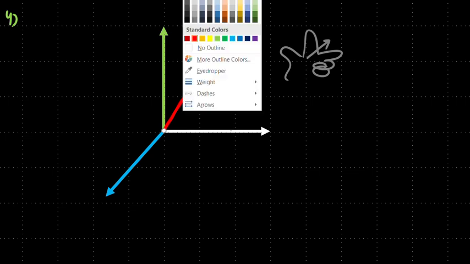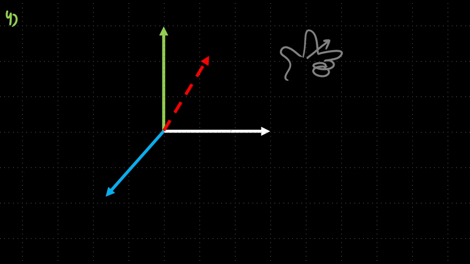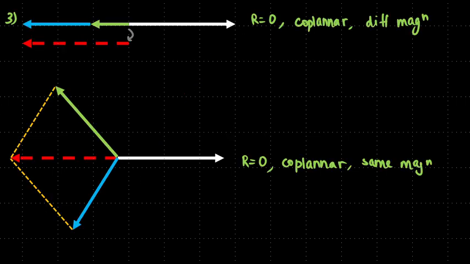But in actuality, there aren't these four vectors. So I'm gonna make this with a dash to make sure that you know that this is a resultant out of these three vectors. And I'm also gonna make this the resultant out of this vector and that vector, and this resultant is from this vector and that vector.